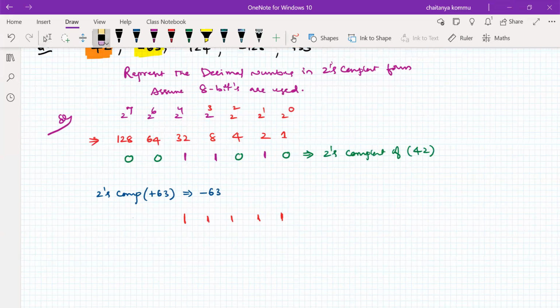How do we get this number then? Minus 63. Agreed?